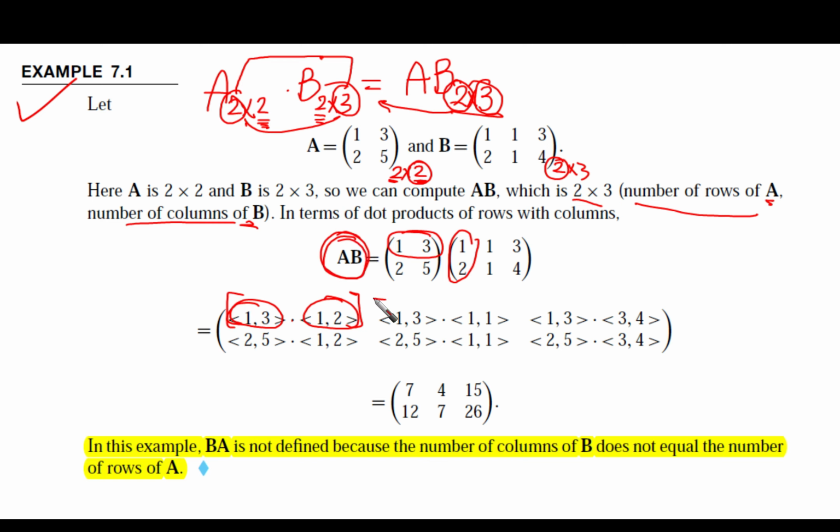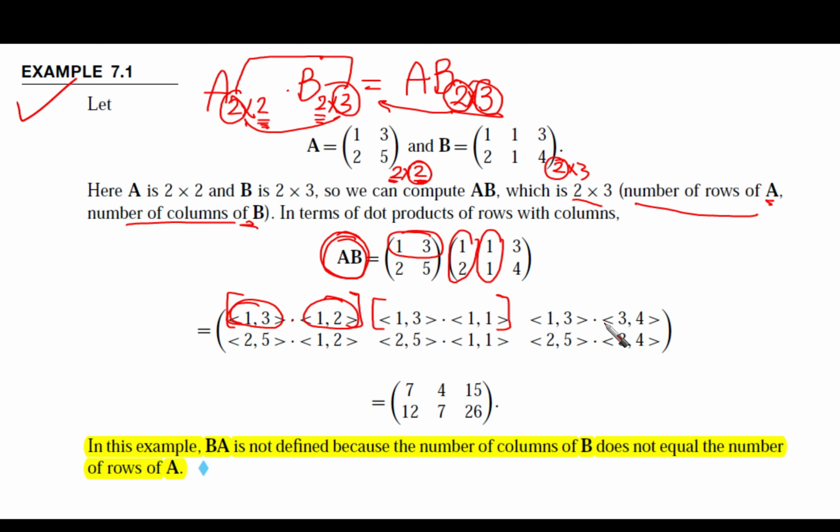The second element in the same row is going to be the 1 and 3 vector, which is the row, times the second column in the second matrix B, which is 1 and 1 here. So this is the second term in the matrix multiplication AB.